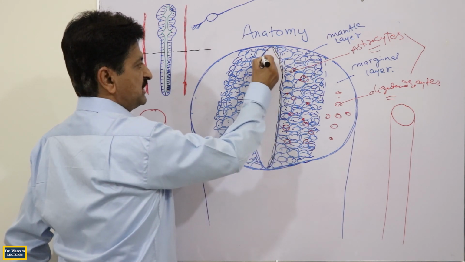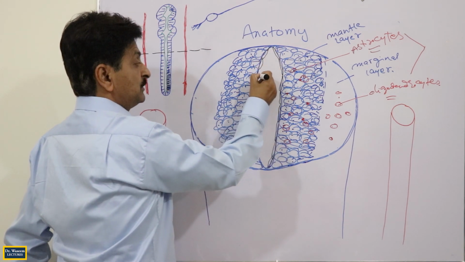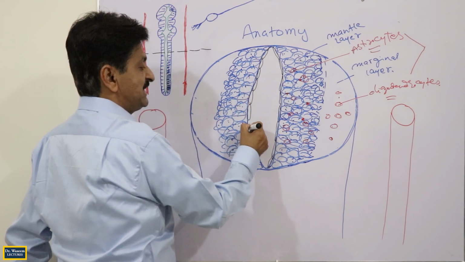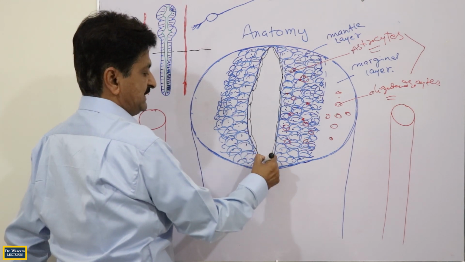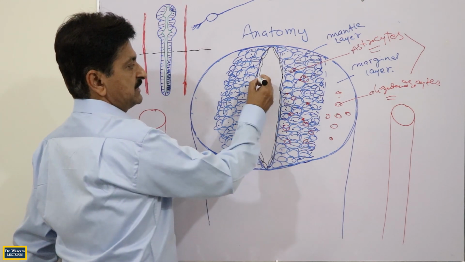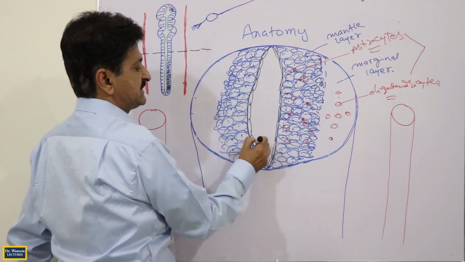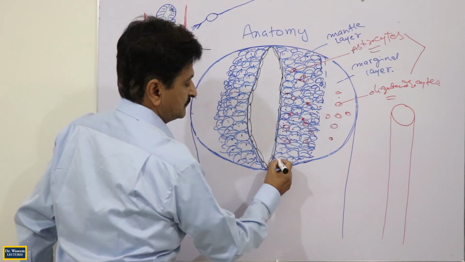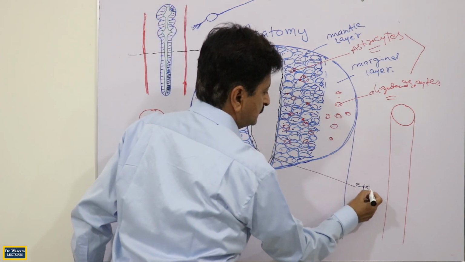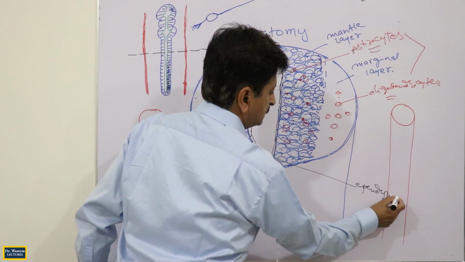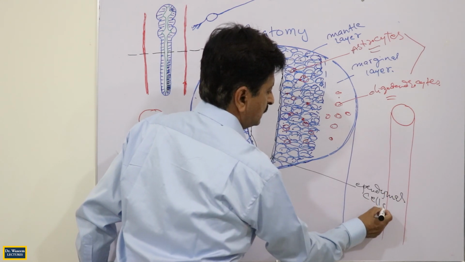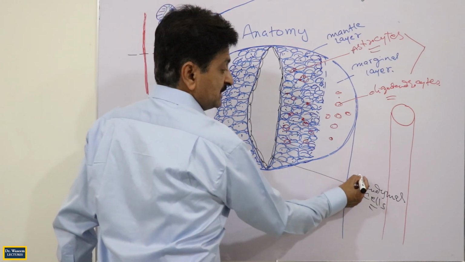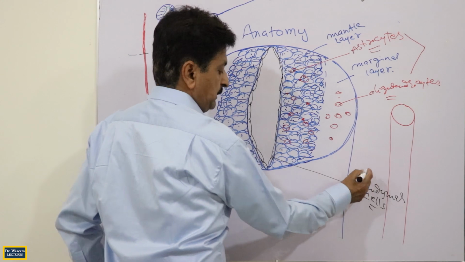This epithelium is being formed by the neuroepithelial cells. The third attempt to form cells by the neuroepithelium is these cells which are lining the central canal. These cells are called ependymal cells. So ependymal cells will be the third population of cells coming from the neuroepithelium.